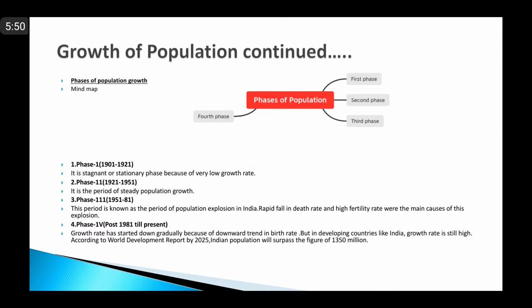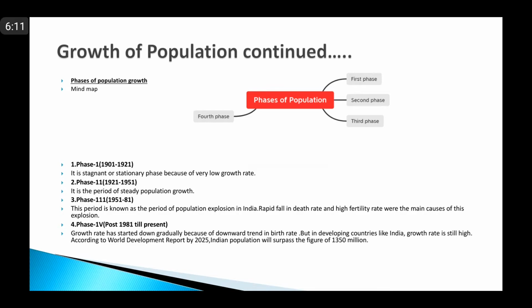Population doubling time is the period of time for any population to double in size at the current growth rate. Usually questions are asked from here: what are the different phases, or mention the phases of the population growth of India.